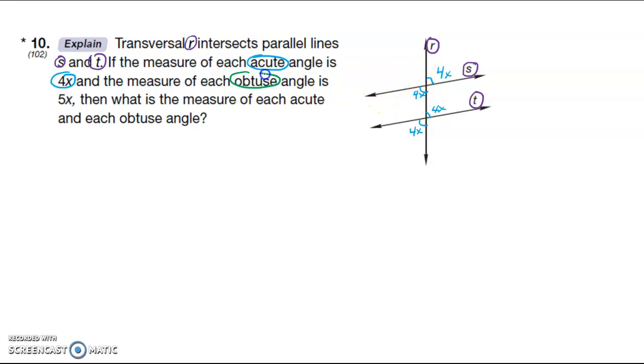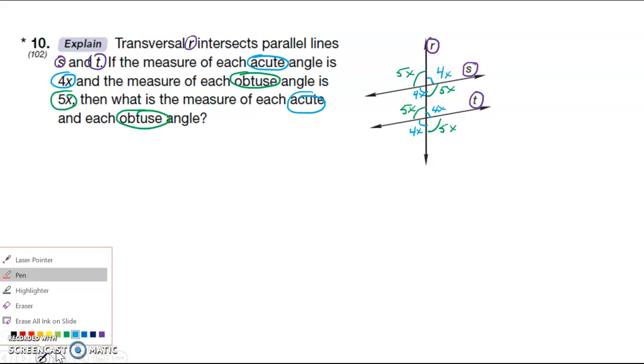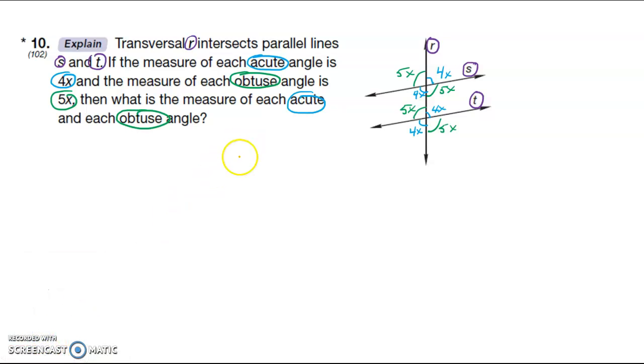So green will be my obtuse angle, which is 5x. So all of my obtuse angles are greater than 90 degrees, 5x, 5x, 5x. And they're asking for the measure of each obtuse and acute angle.